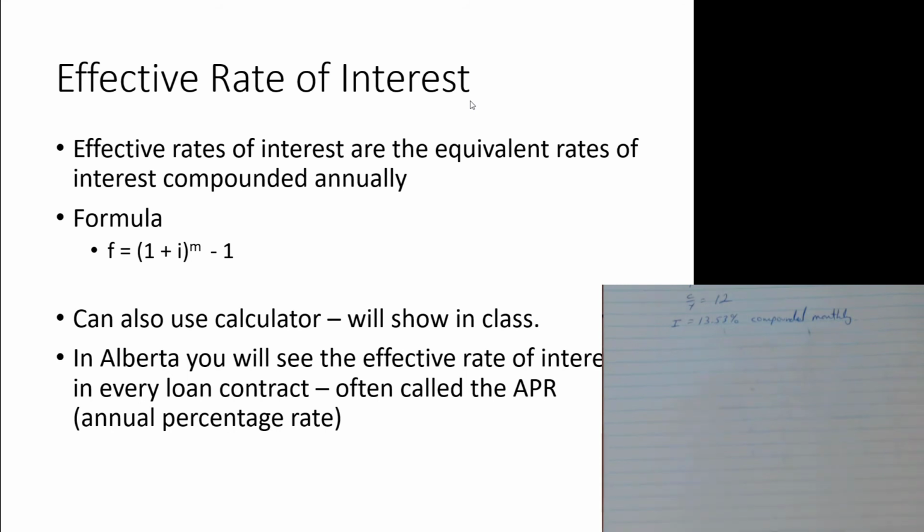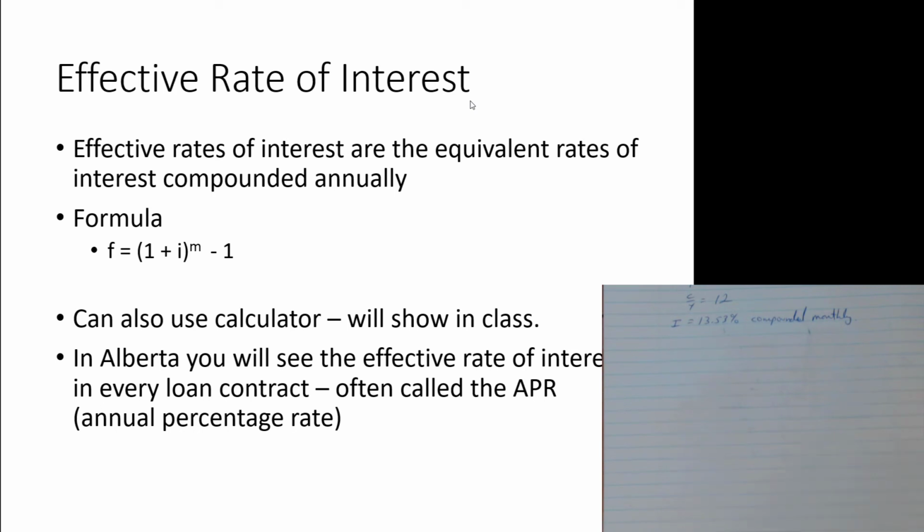In Alberta, you will see the effective rate of interest in every consumer loan contract. It's often called APR. So when you see advertisements for car loans especially, you'll see this APR. It stands for annual percentage rate, but it is essentially the effective rate of interest.